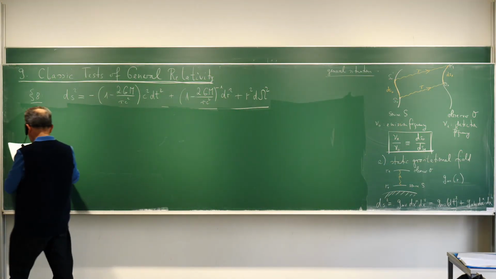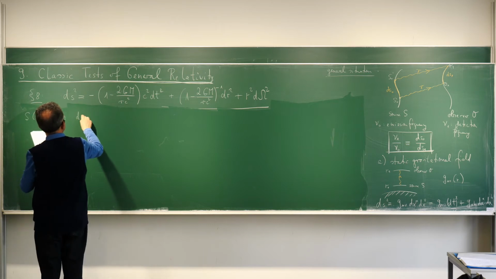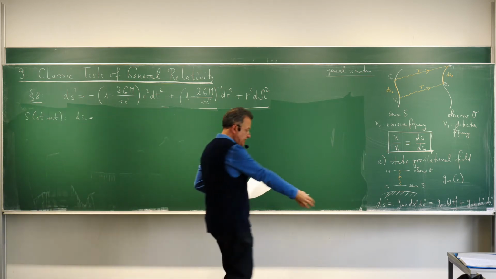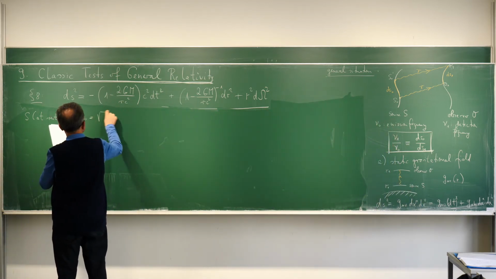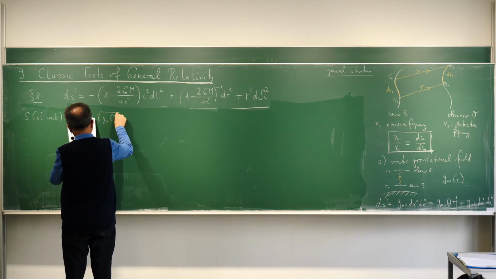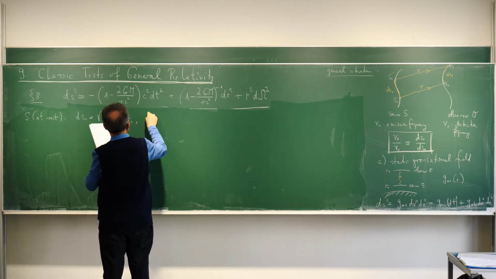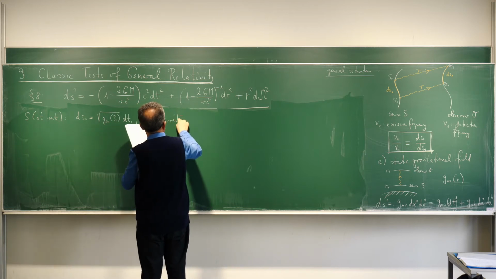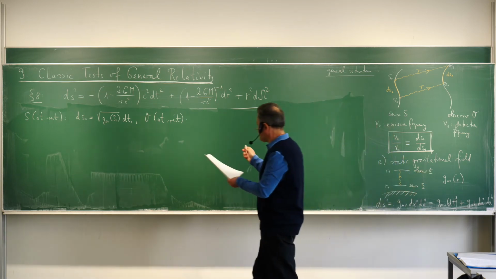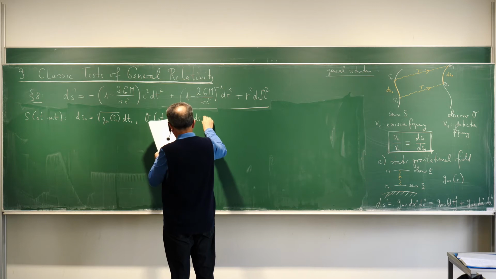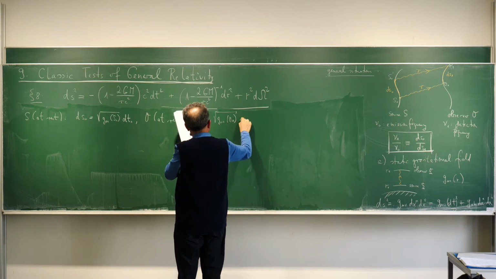If we consider the source, which is here at rest, then for ds0 we only have the first term from the g00, and so we have the square root of g00 at S0 times dt0, and we have for the observer also at rest ds1, which is the square root of g00 at the position O1 times dt1.